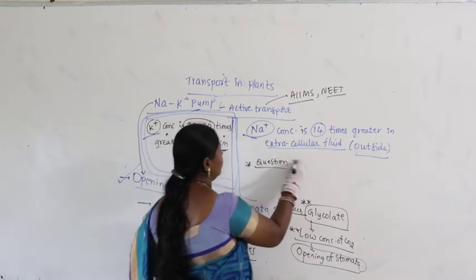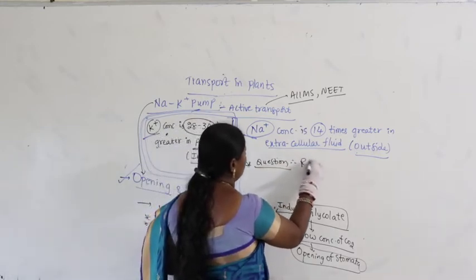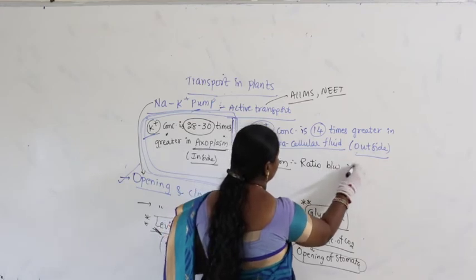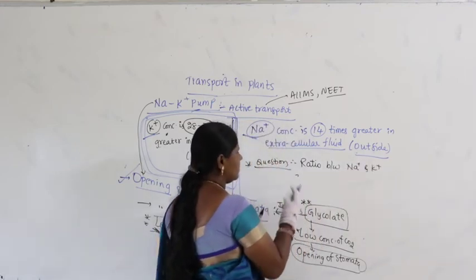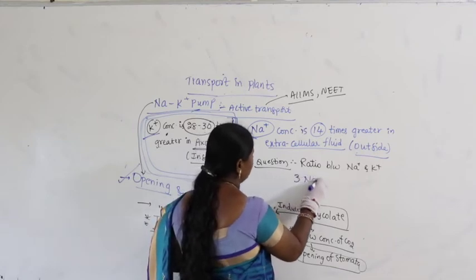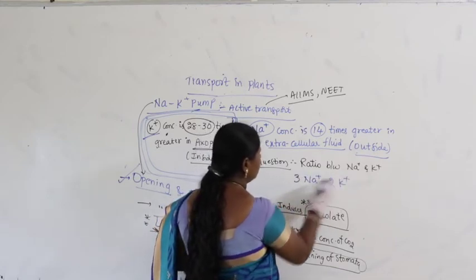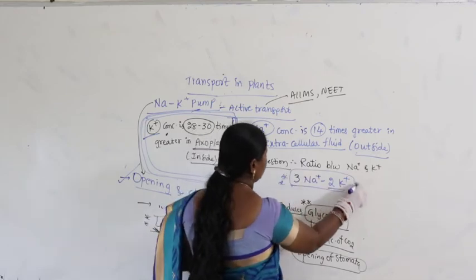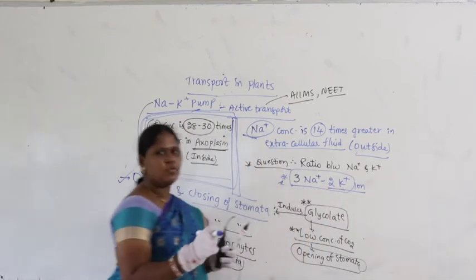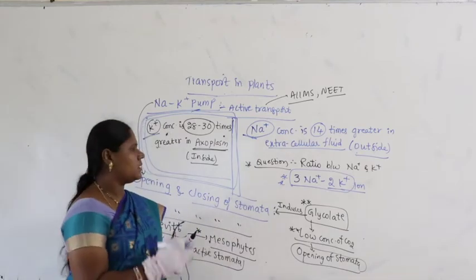Now, the ratio between sodium and potassium, then take that the answer is 3 sodium ions with 2 potassium ions will be the ratio with which it crosses the cell membrane.